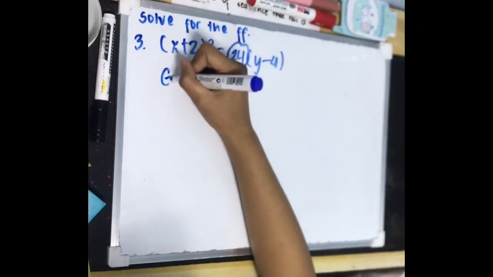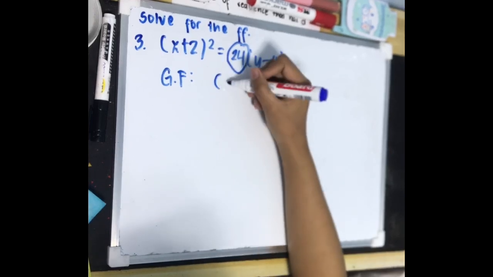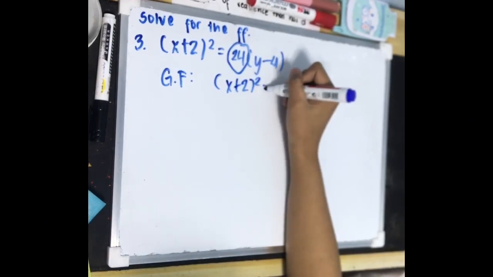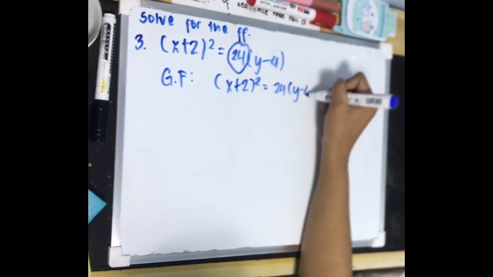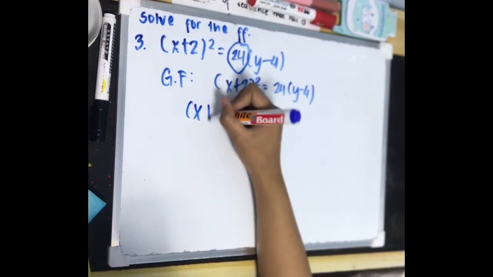To solve for the general form of this equation, we're going to write down the given. Since this part is squared, we're going to expand.